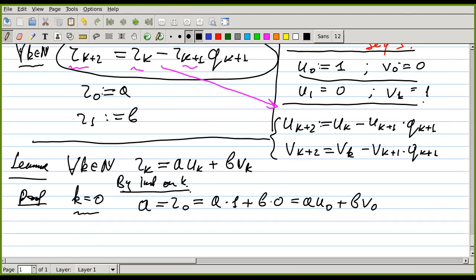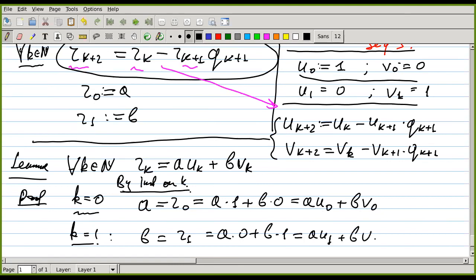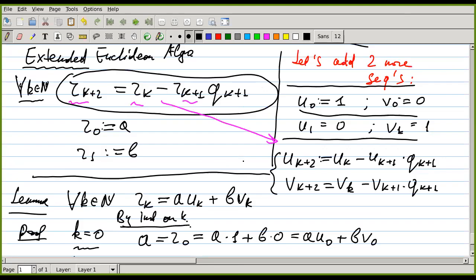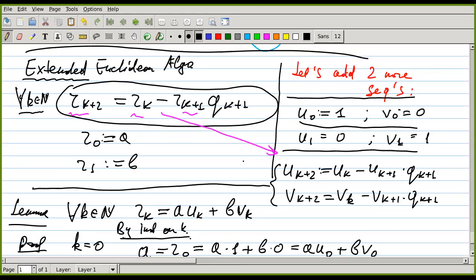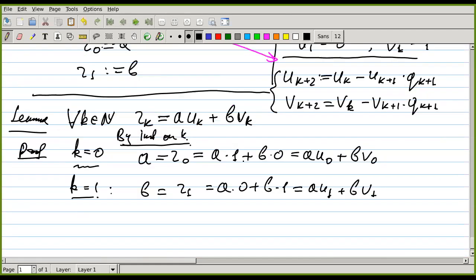That's quite clear. Likewise, for K being equal to 1, I have that R1, which is B, equals A multiplied by 0 plus B multiplied by 1. That is A U1 plus B V1. Is it clear? Yes. So these two cases are clear.